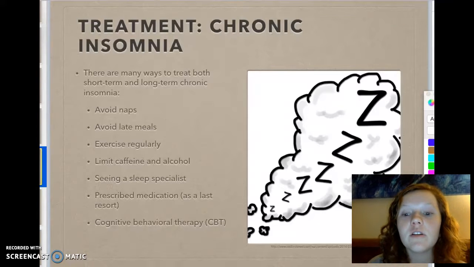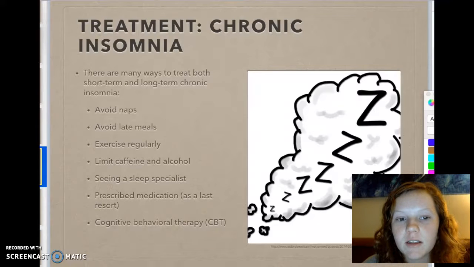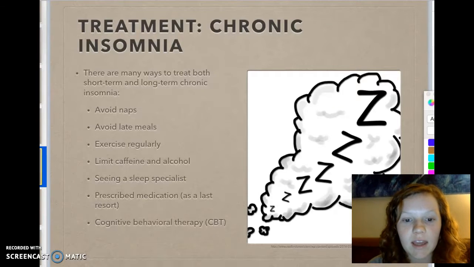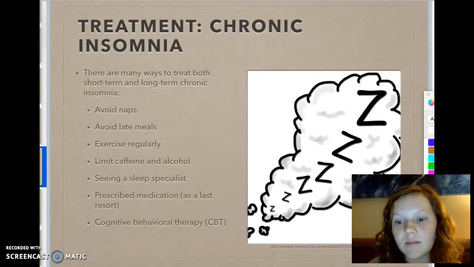And getting into the long-term chronic insomnia, you might want to see a sleep specialist or have a medication. And I said this is the last resort because it is. If it gets so bad, you may want to see a specialist long term.